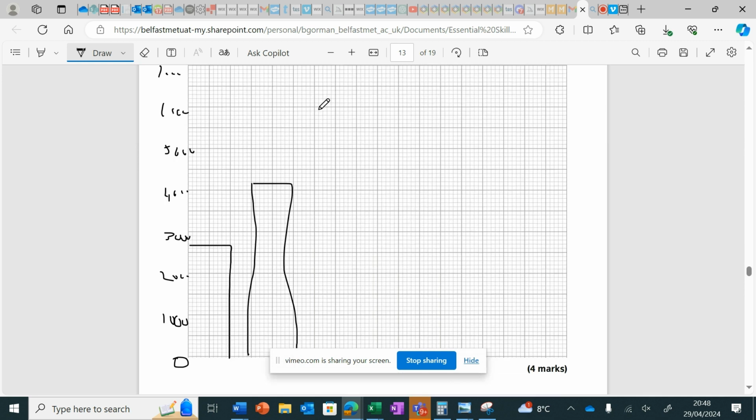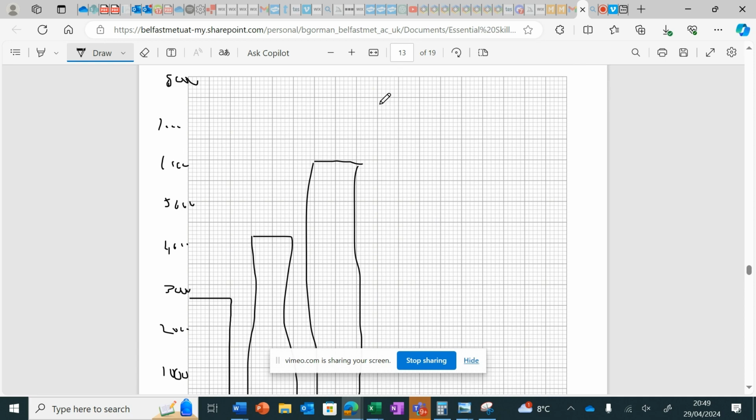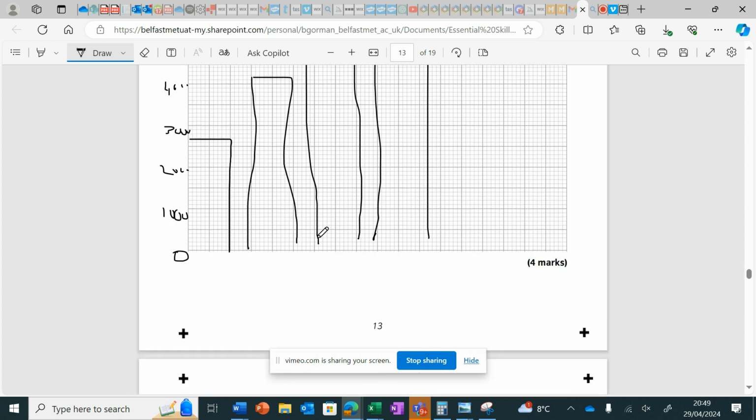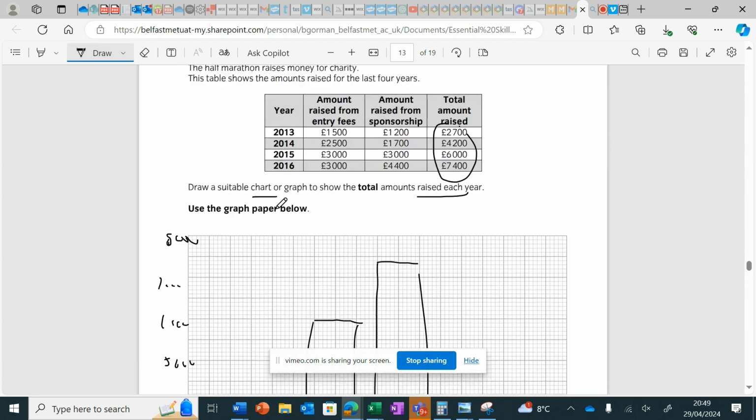6,000 for the next one. There's 6,000 there. And then 7,400. 7,400. And then we draw them, and you would use a ruler in the exam, obviously. And then we put in our categories and labels.